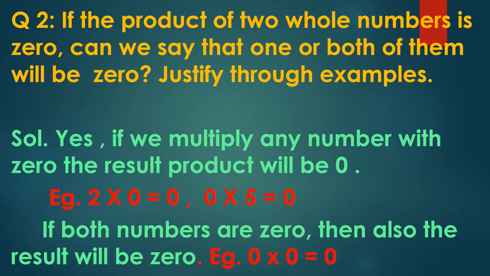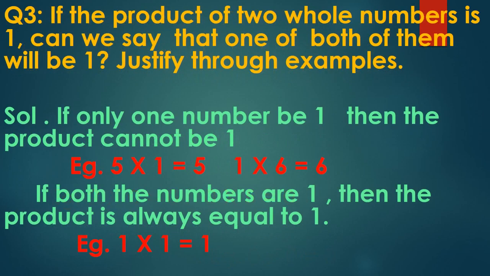Now let us check with both the numbers. If both the numbers are 0, then also the result will be 0 because 0 multiplied by 0 is also 0.